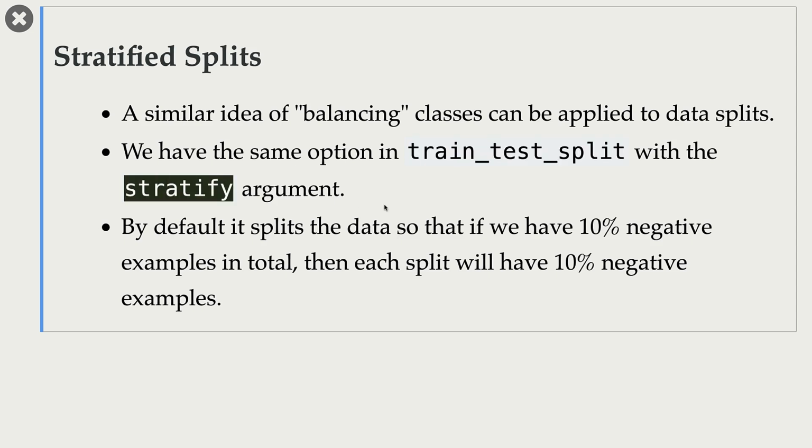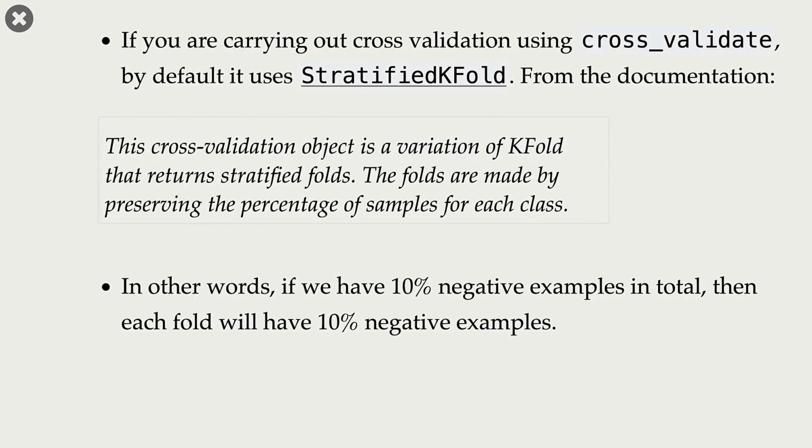And it splits the data so that if we have, say, 10% negative examples in our data set, then each split will also have 10% negative examples. And if we are carrying out cross-validation, by default, it also uses this stratified splitting. So in other words, if we have 10% negative examples in total, then each fold will also have 10% negative examples.